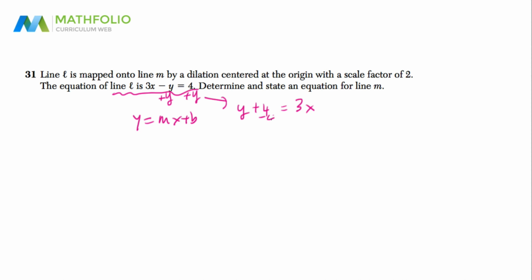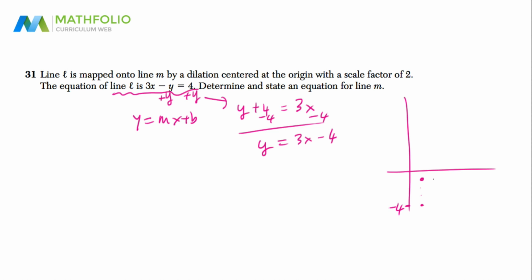If I minus the 4, I end up with y equals 3x minus 4. So I could do a really quick sketch of this. Negative 4 is here. And then I know the slope is 3, so that means for every 1 across, I go up 3. For every 1 across, I go up 3. And so the line would kind of look like this.